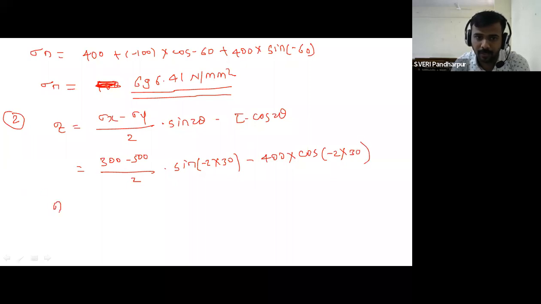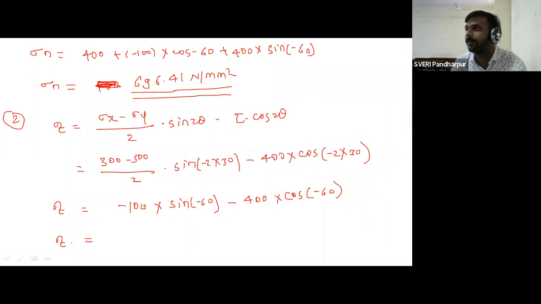So sigma t is equal to minus 100 into sin minus 60 minus 400 into cos minus 60. So you will get sigma t. Send your answers in the chat box.